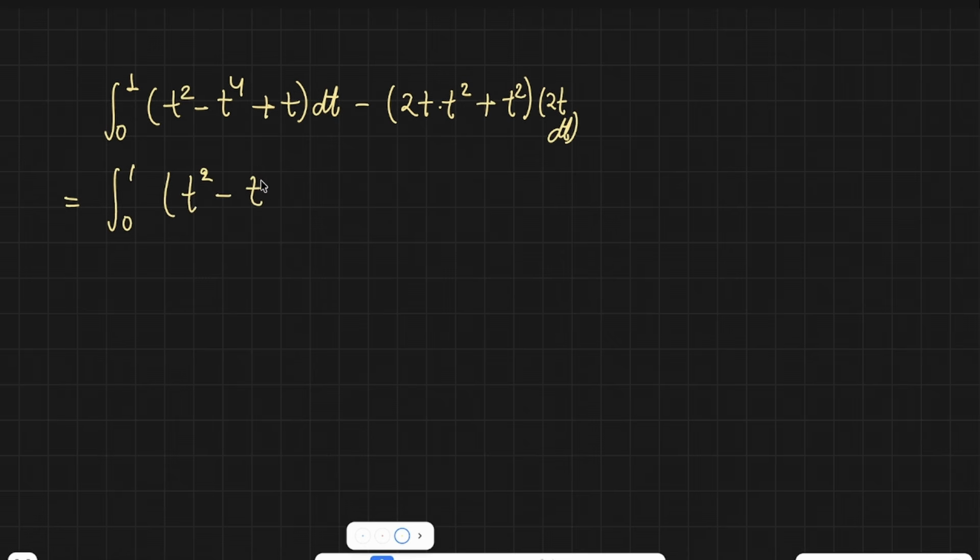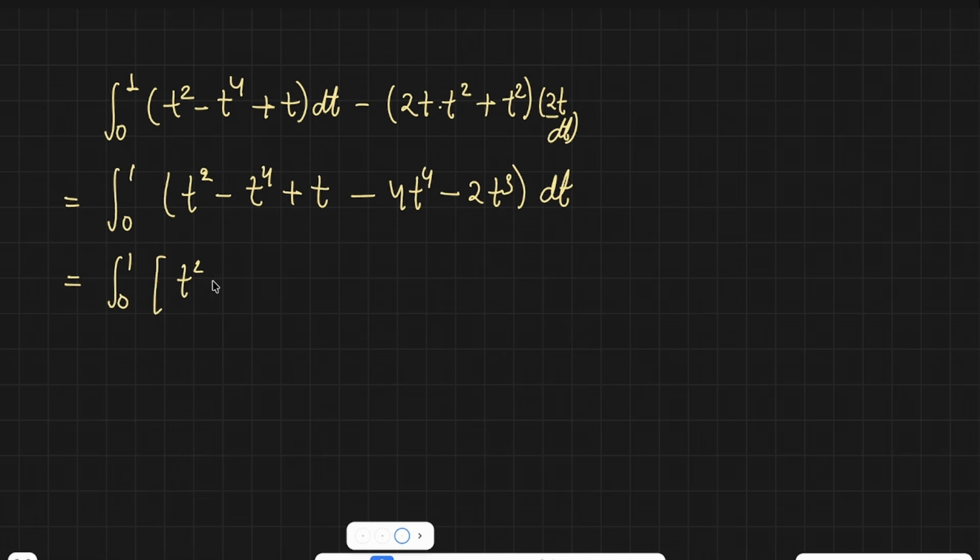First we will simplify: t squared power 4 plus t minus 2t cubed plus t squared. Basically 2t is also there, so let me multiply 2t with this, so it will be 4t to the power 4, minus 2t cubed dt. Then from 0 to 1, it will be 5t to the power 4 minus t squared minus 2t cubed dt.